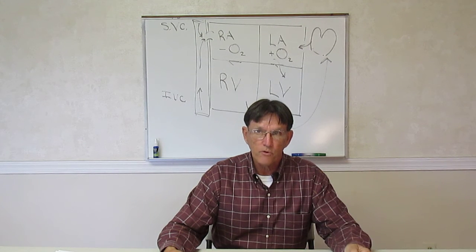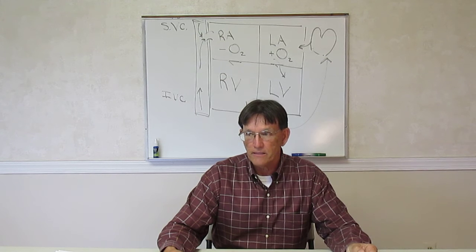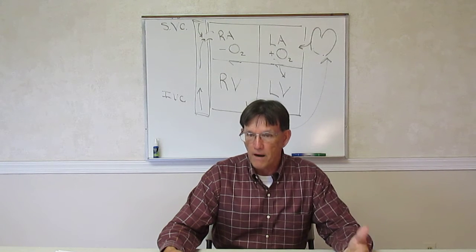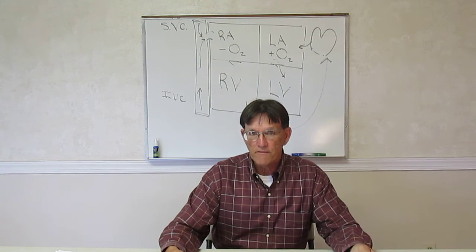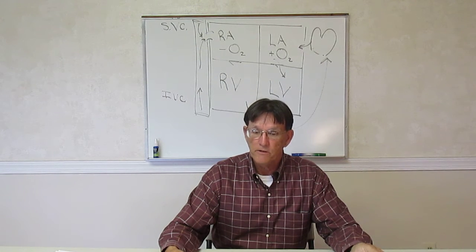So another name for red blood cell is erythrocyte, and since it's sitting on the bottom of the tube, you would probably guess they are the largest and heaviest elements in the blood, and you'd be right.